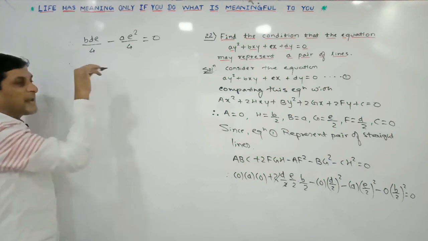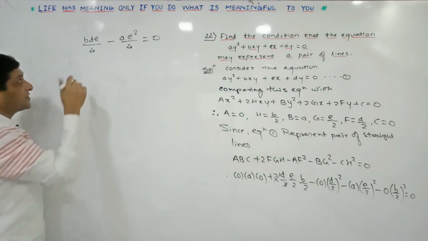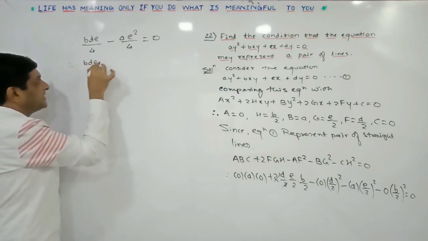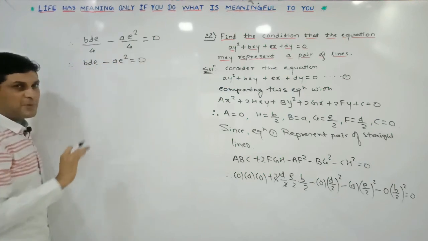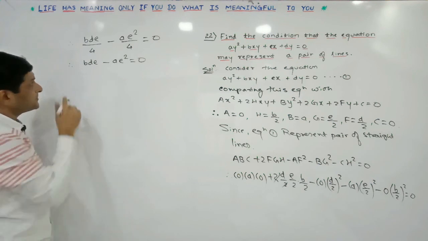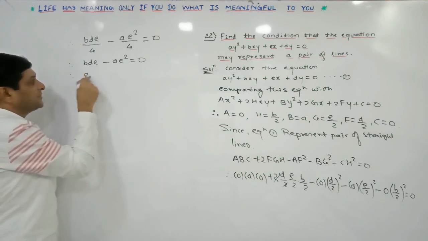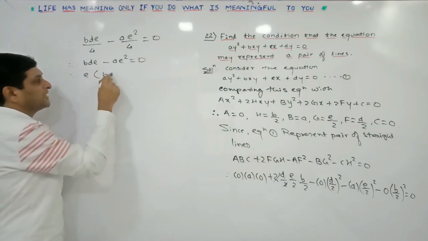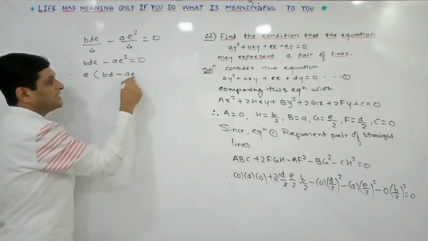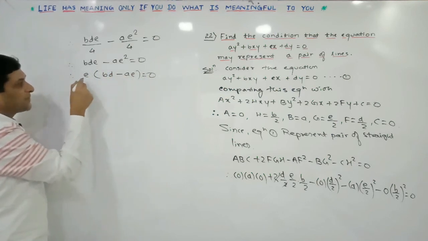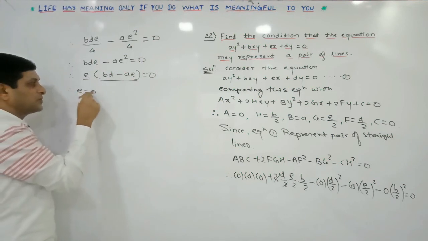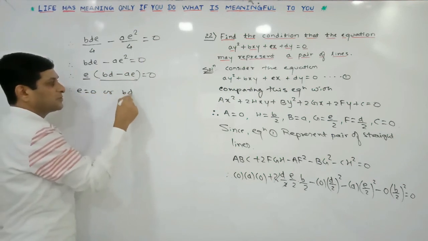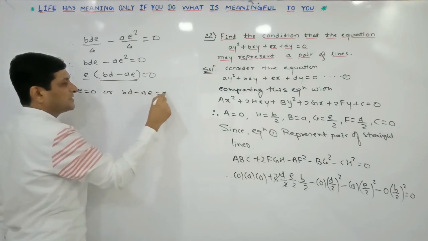If we multiply both sides by 4, see what result we will get here. bde minus ae square is equal to 0. I am simply multiplying both sides by 4. From both these terms, if we take e common, here we will get e into (bd minus ae) is equal to 0. So the product of two terms is equal to 0, means either the first term is equal to 0 or the second term is equal to 0, that is bd minus ae is equal to 0.